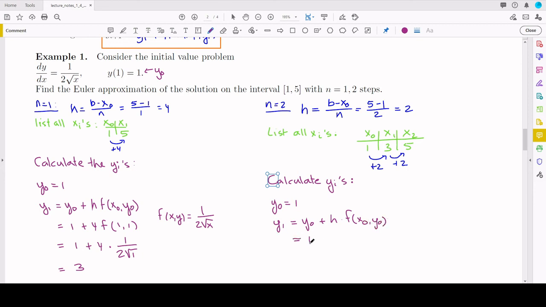And so that is 1 plus, and h is 2, so it's 2 times f of 1 comma 1. And that is 1 plus 2 times 1 over 2 square root of 1. It's a half plus 1, so y1 equals 2.